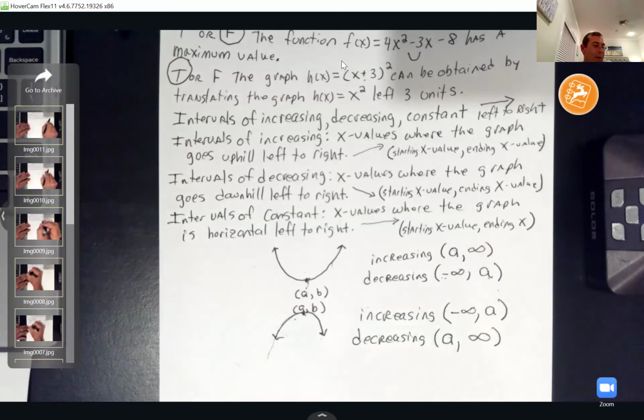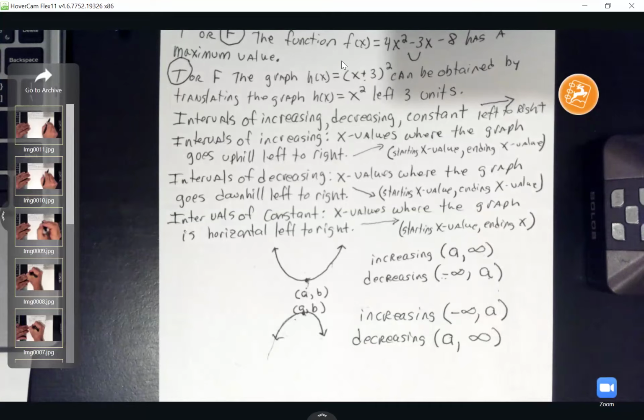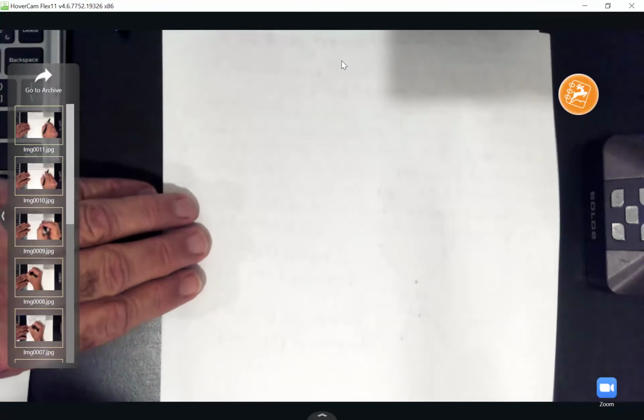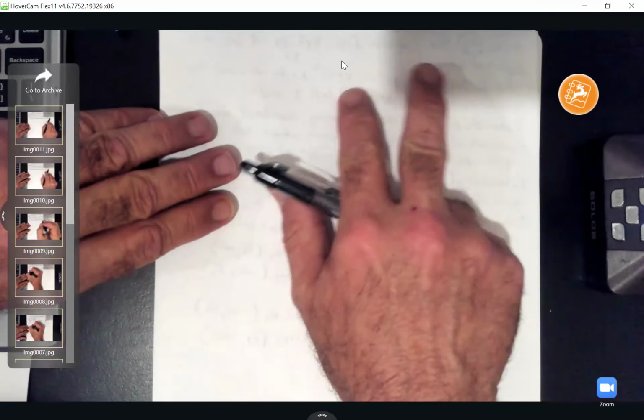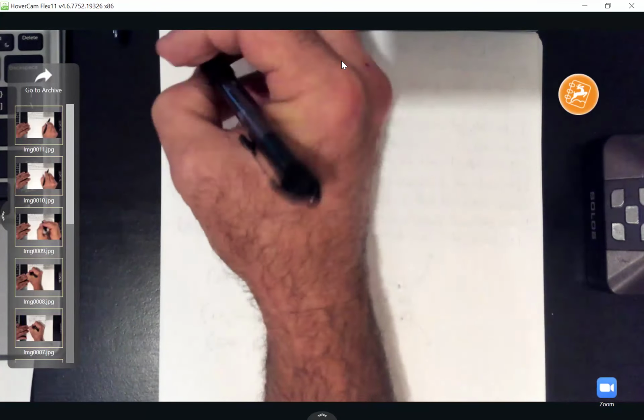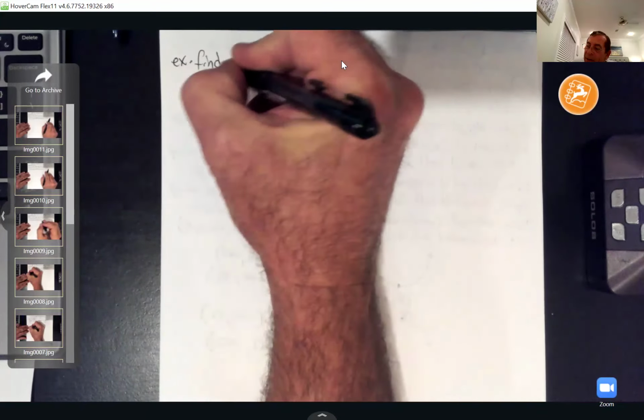All right, y'all. So they're going to add a little bit to this one. So watch what we got going on. I'm going to find the vertex.